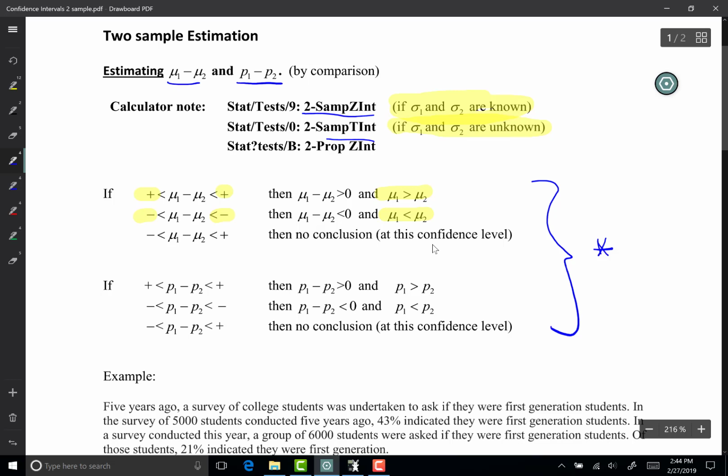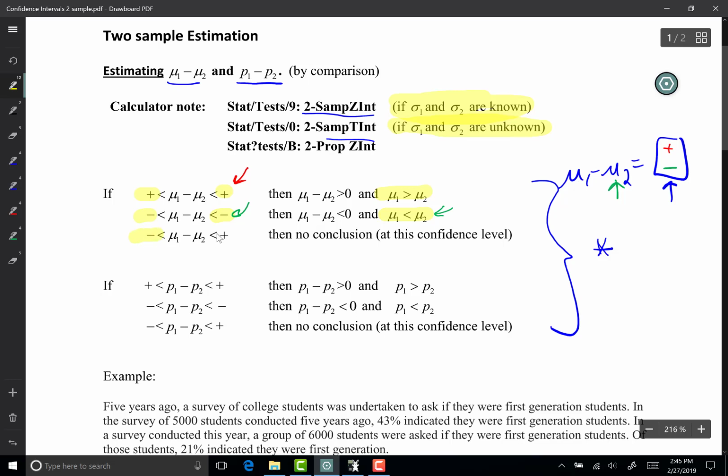Remember, what you're estimating is what the answer is if I subtract these two. If they're both negative, this answer is negative, so in order to get a negative number, mu2 has to be larger. That's why we're saying here mu1 is less than mu2.